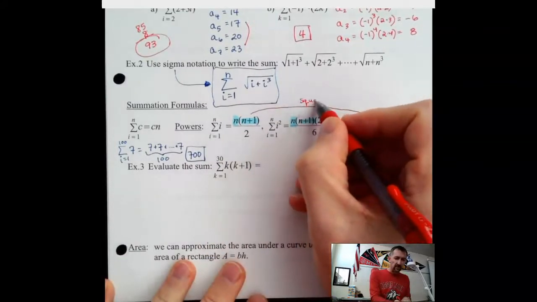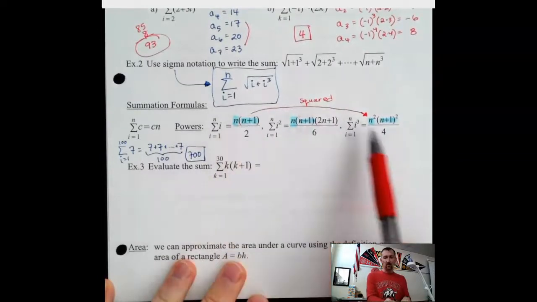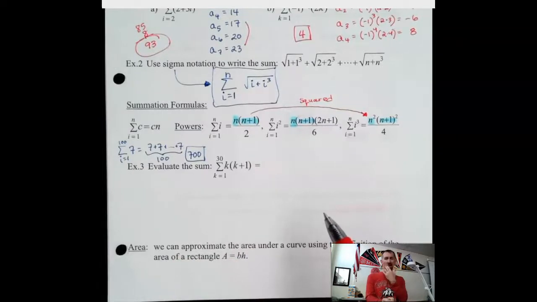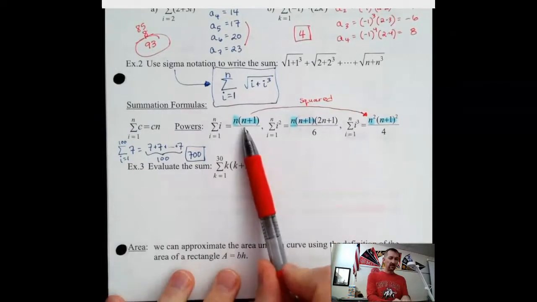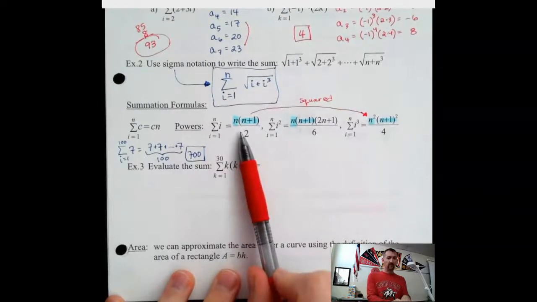That's a little awkward, but if we take the formula for i and square it, we get the formula for i cubed. That's the second thing I would remember.